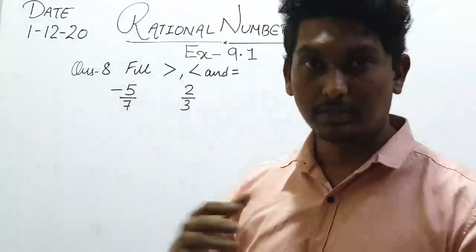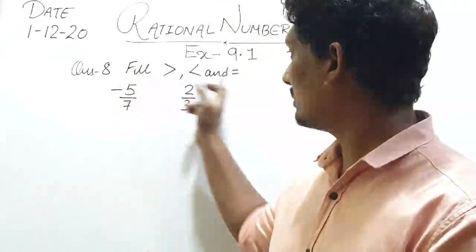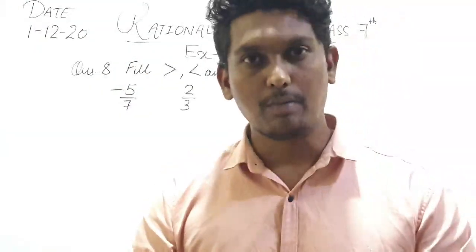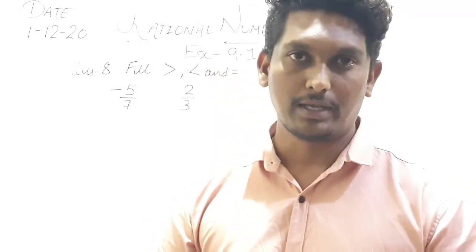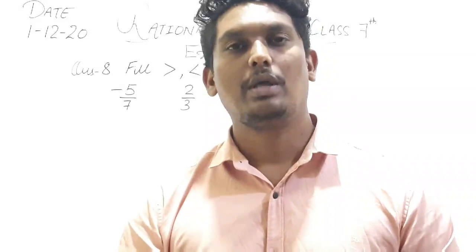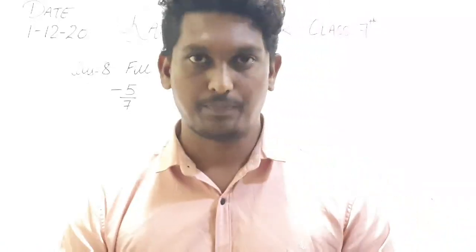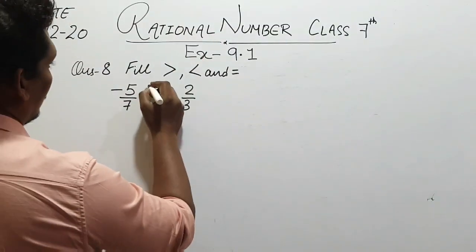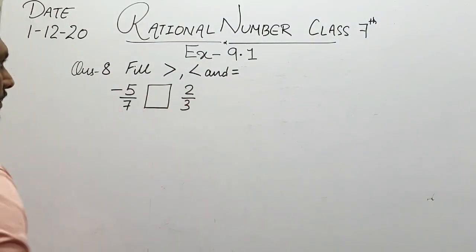When a box is given to you and this type of question is there, you have to find the LCM. If only a comma is given to you, there you have to find the LCM. If plus or minus, addition or subtraction, is given to you, then only you have to find the LCM. Okay, so this is the question.